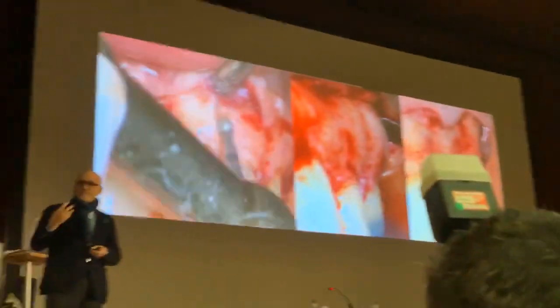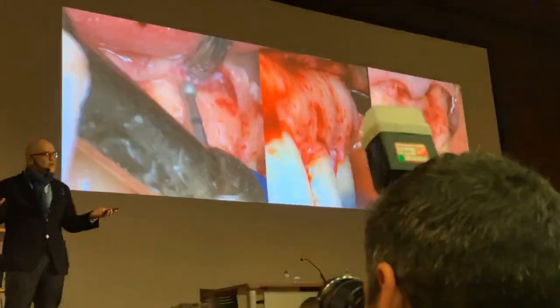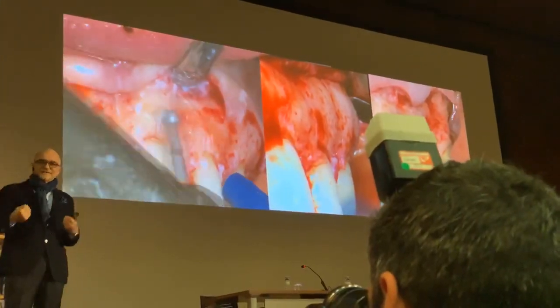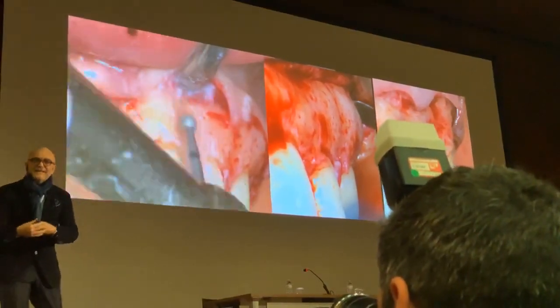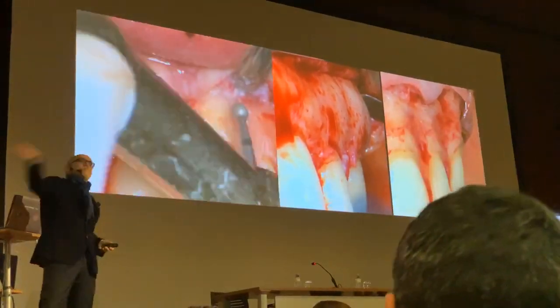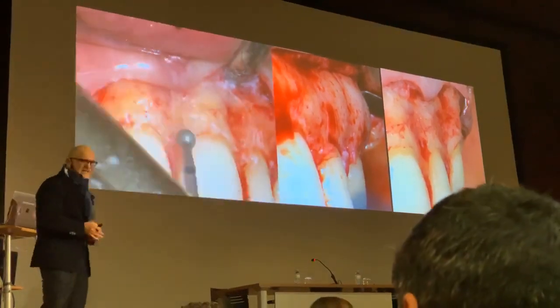We take a diamond burr and we remove the bone. So this is really strange for me to understand why, in the case of teeth, also Andrea, you know, makes a lot of plastic surgery. Also ostectomy, in the case the bone is too much.